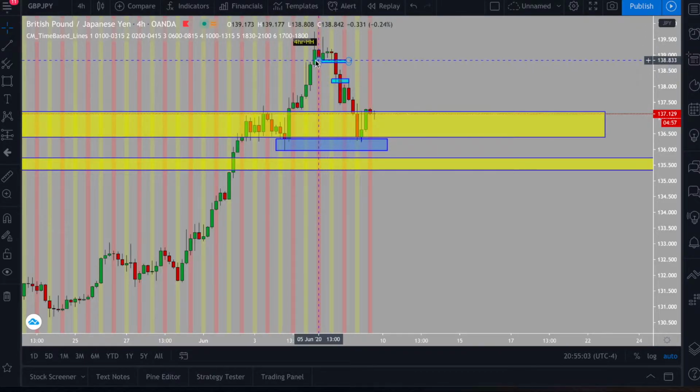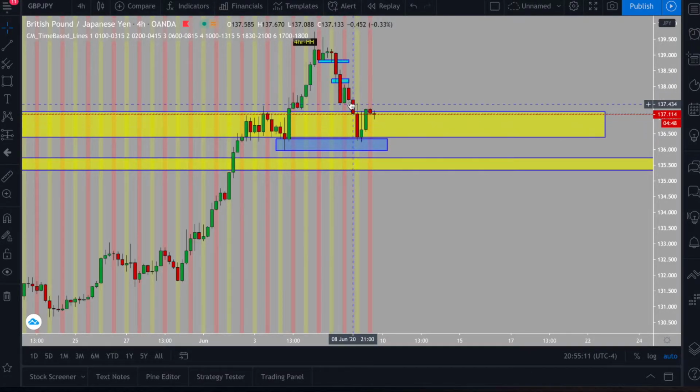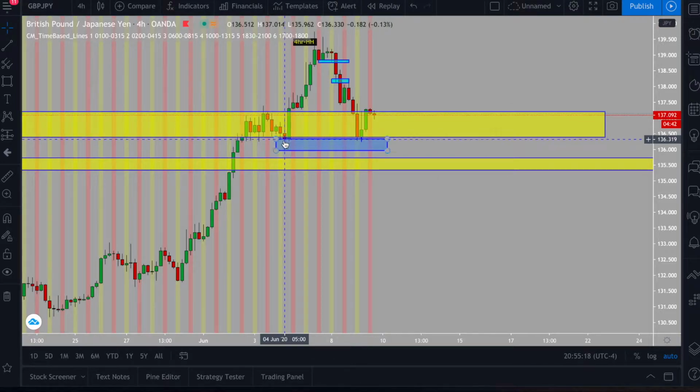However, price had broken this support area here, came down, retested, and came down here again, which made my market flow bearish. However, this was the last 4 hour higher low, so price didn't break that, retest, and go bearish.